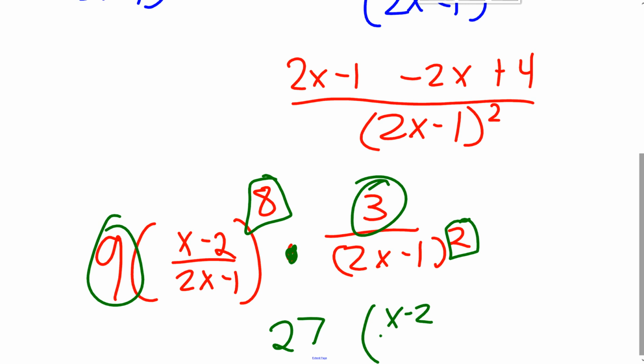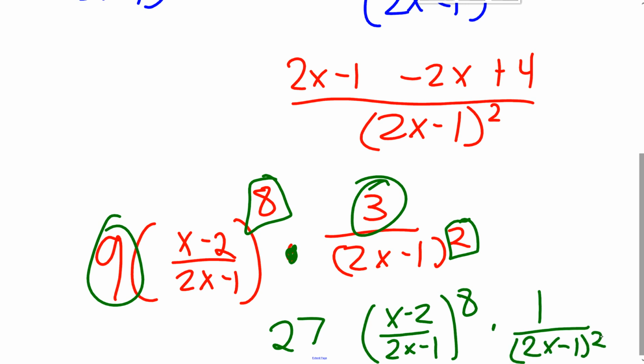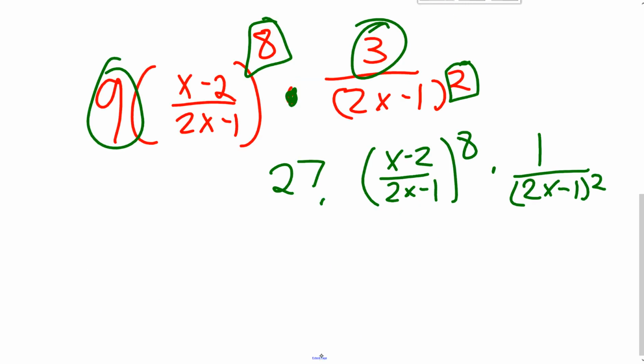x minus 2 over 2x minus 1 to the 8th times by 1 over squared. So they're not going to FOIL this out squared unless it will cancel with something. So they're probably going to leave it something like that in the book, and they might even do something, maybe at the back of the book has something like this.